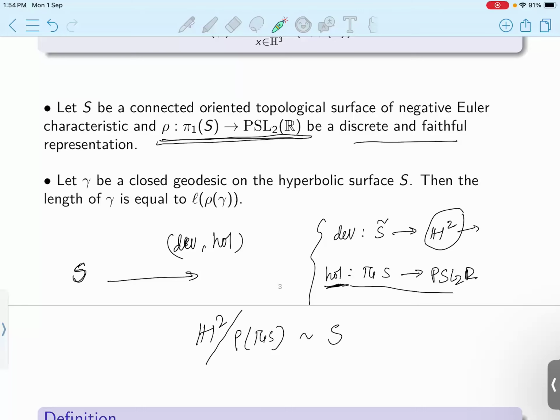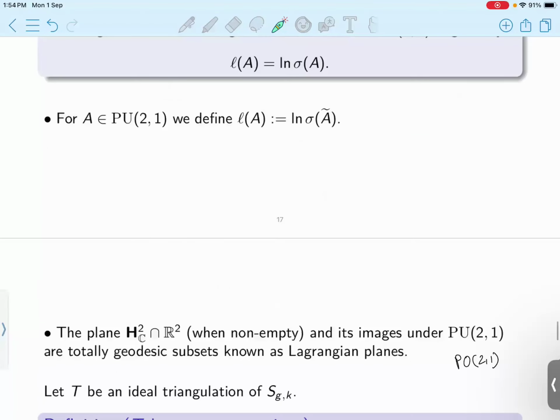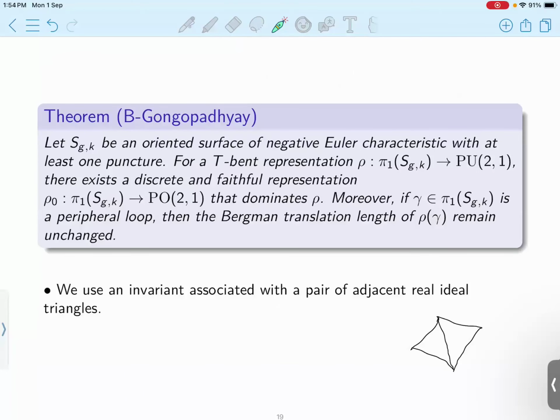Can I ask one question? Yeah, sure. If you take PU(n,1), this question you solved for PU(2,1), but what is the difficulty for PU(n,1) generally? The first thing is that, at least I don't know about the coordinates yet. I have used some special coordinates here, somehow similar to Thurston's shear-bend coordinates, and this is given by Pierre Will's Z coordinate that involves 4 points, the adjacent ideal tetrahedron.